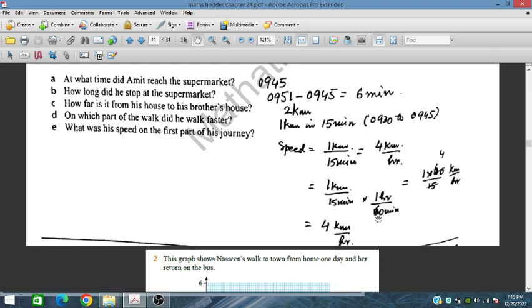The 15 divides into 60 four times, and that appears at the numerator. So it is 4 kilometers per hour. His speed on the first part of the journey was 4 kilometers per hour. The details are shown here.